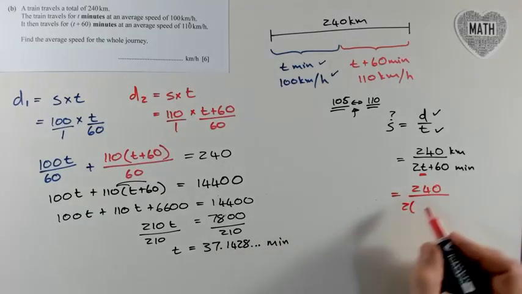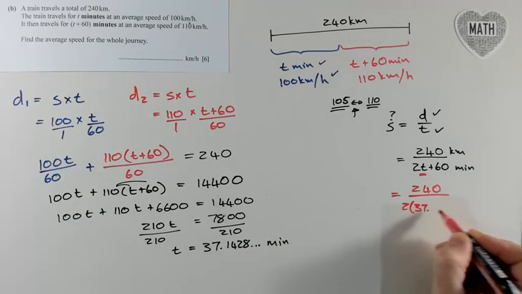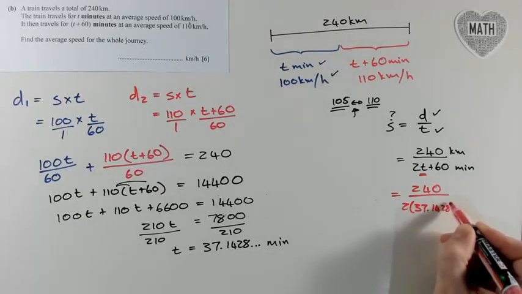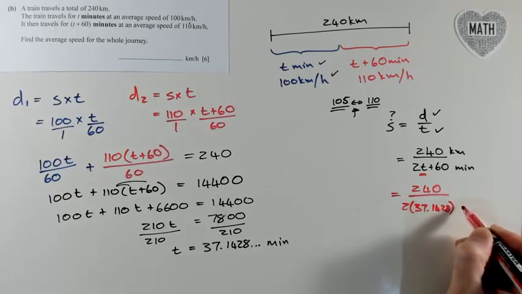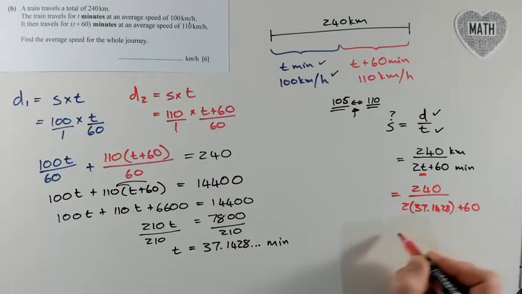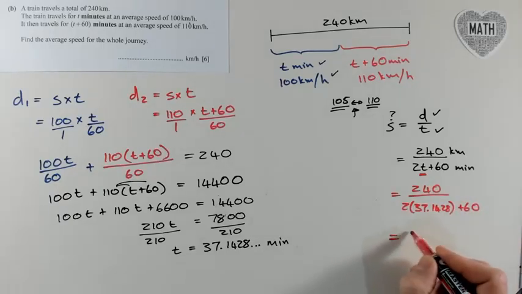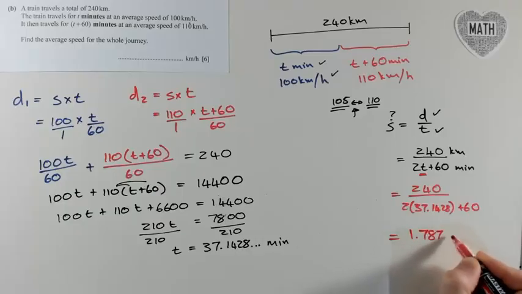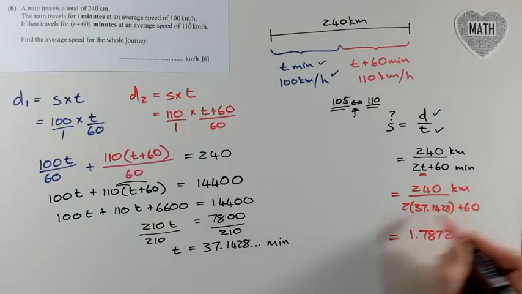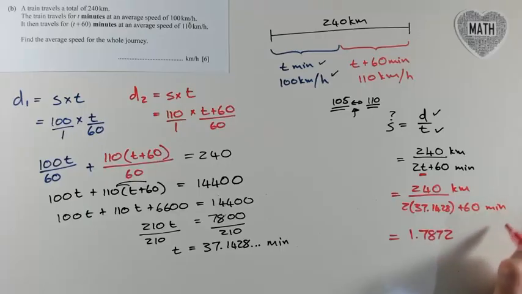If I were to put 37.1428, etc. in here, plus the 60, I'm going to get a number, 1.7872. Now, this is kilometers and this is minutes. So this is kilometers per minute.